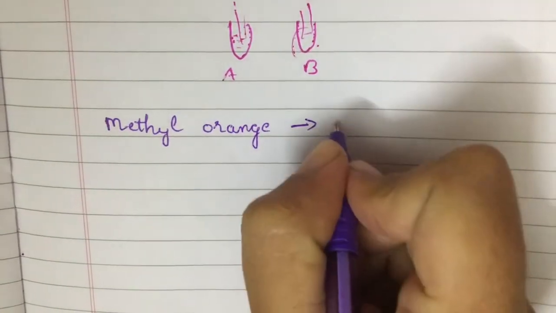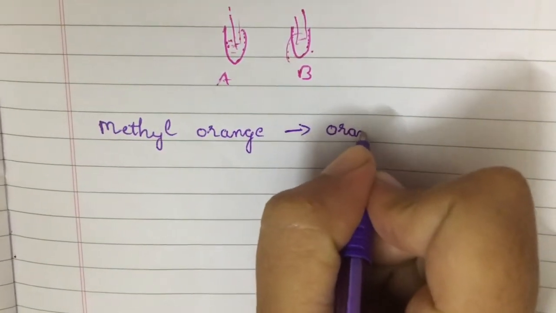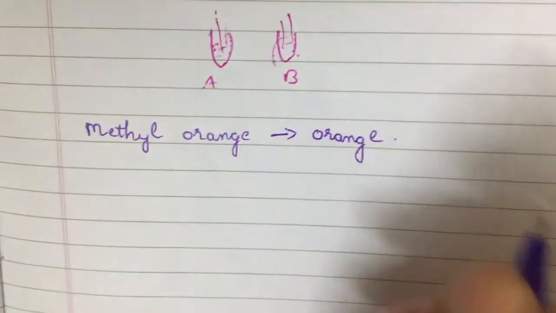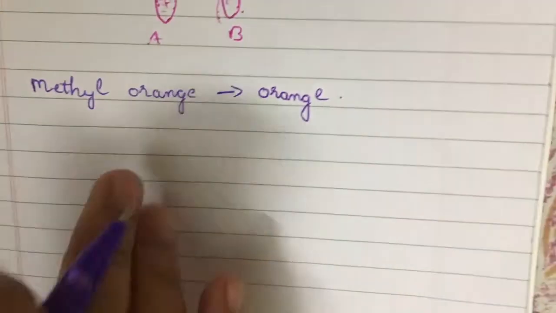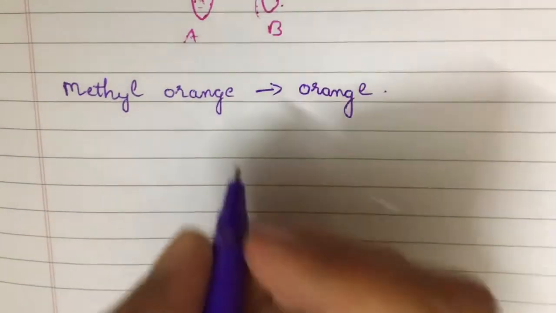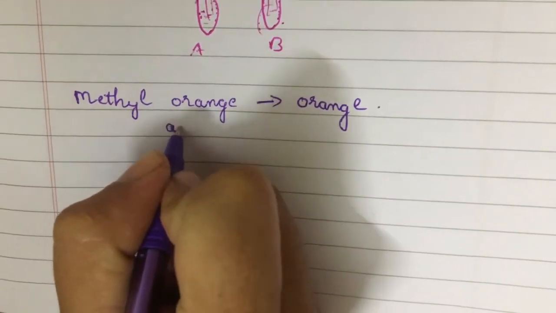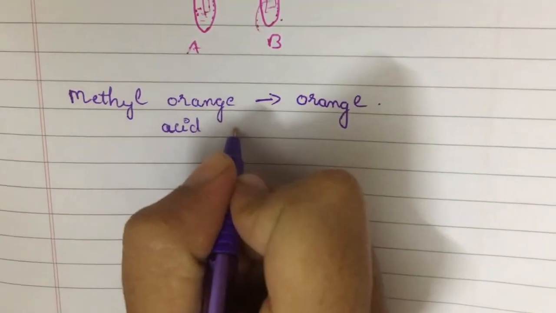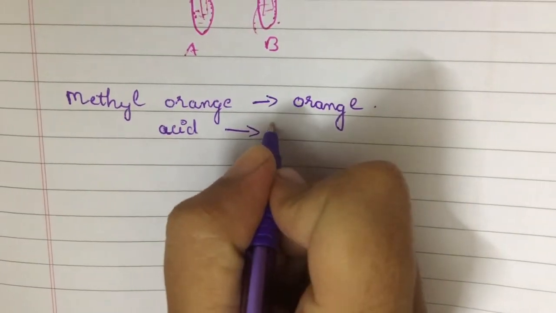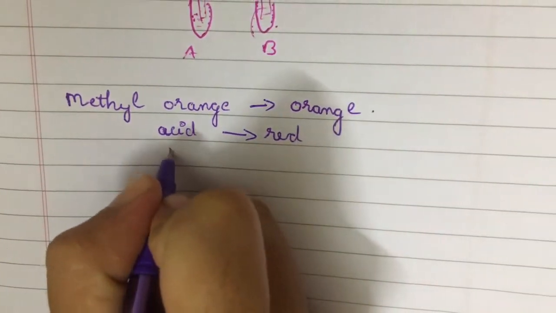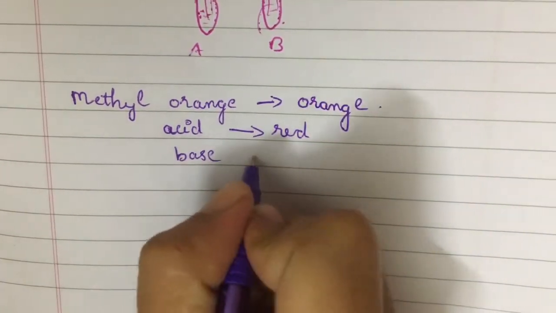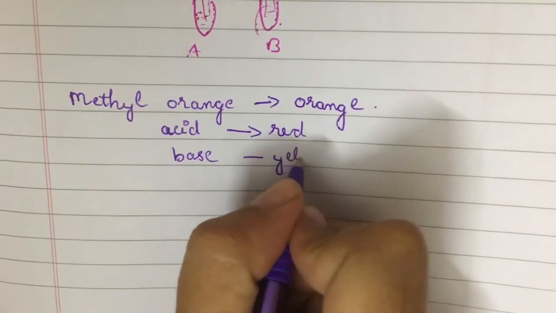This is basically orange in color. In acidic medium it will show red color, and in basic medium it will show yellow color.